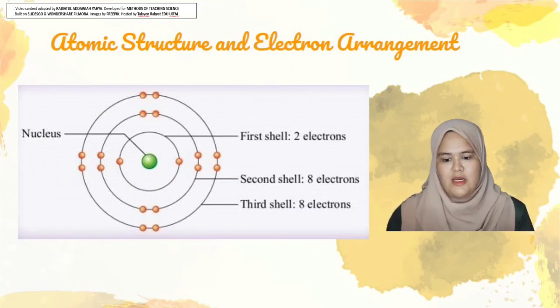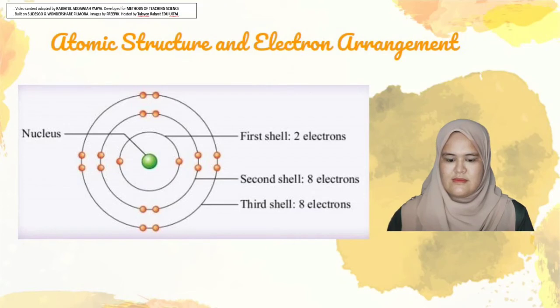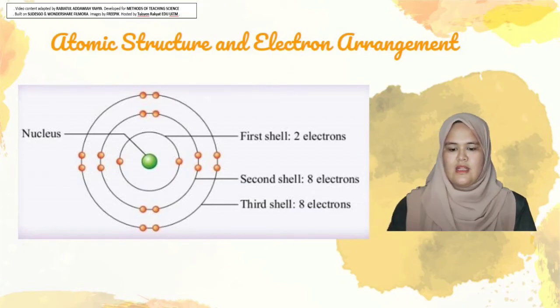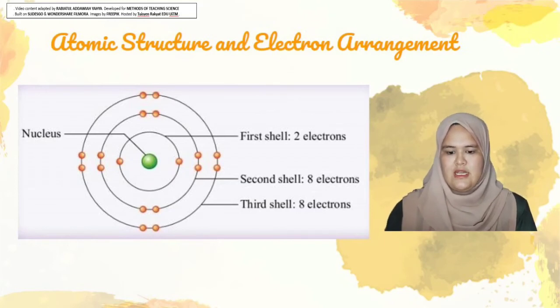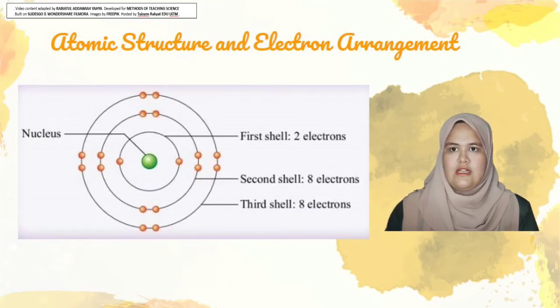The maximum number of electrons in the first 3 shells for elements with proton number 1 until 10 is shown in this figure. The first shell, which is the closest one to the nucleus, can occupy 2 electrons. The second shell occupies 8 electrons, and the third shell occupies 8 electrons.